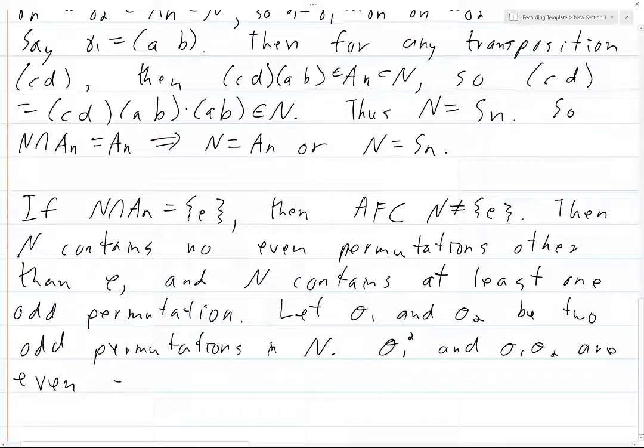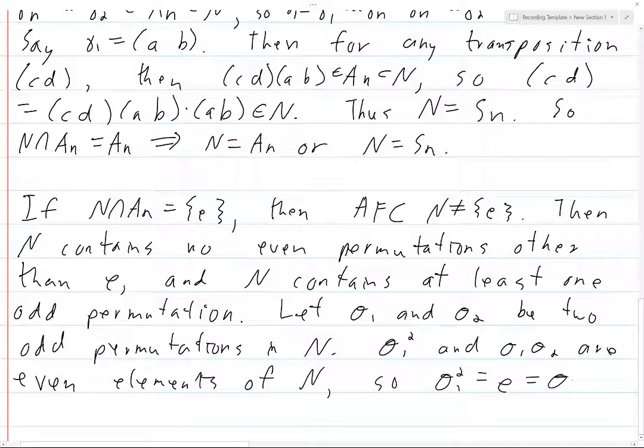But they're even elements of N, because N is a subgroup. So sigma 1 squared equals E, which is equal to sigma 1 sigma 2. But then we cancel sigma 1 on the left, so we get sigma 1 equals sigma 2.